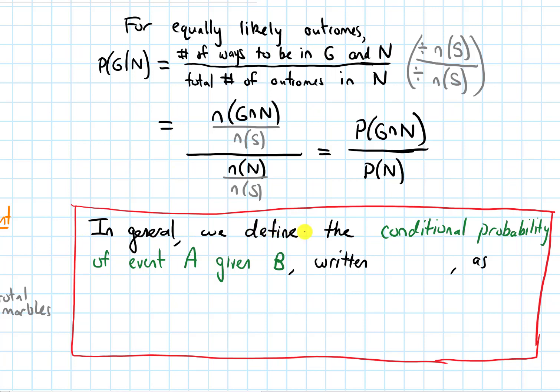In general, we are going to define the conditional probability of event A given that B occurs.